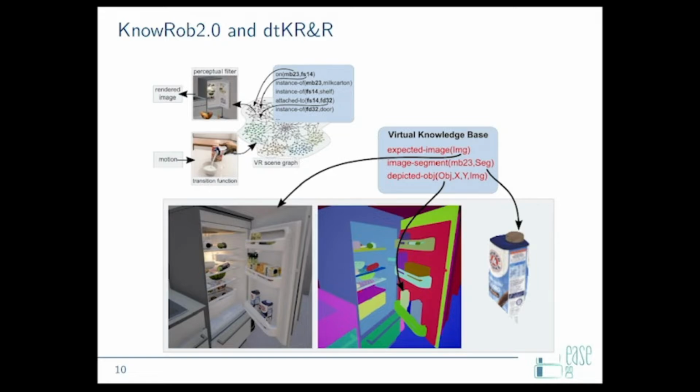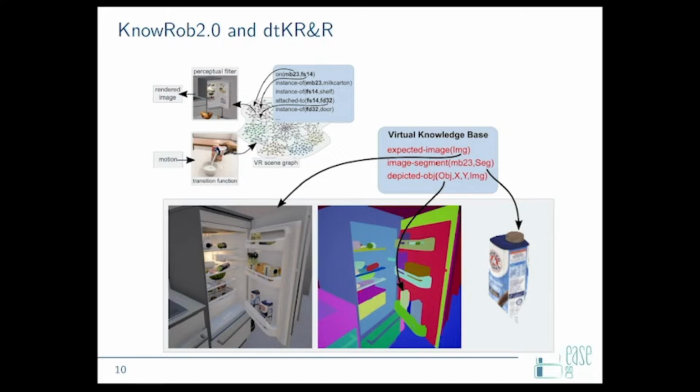This is simply computed by giving each object or object part in the scene a different color, and then we can compute which object is depicted by a particular pixel by looking up the color of this pixel, right?